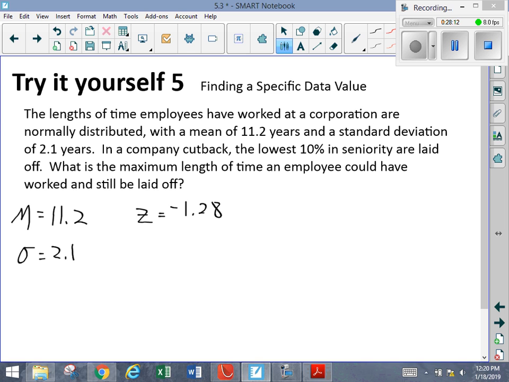So now I can solve x equals my standard deviation times my z-score plus my mean, 11.2. Figure out who's getting fired today.